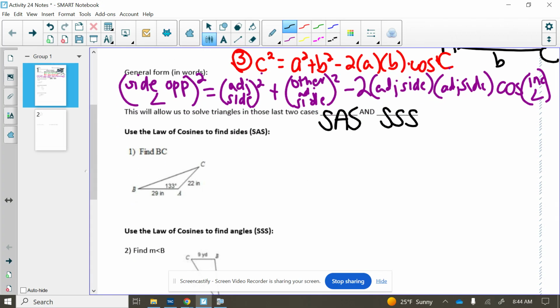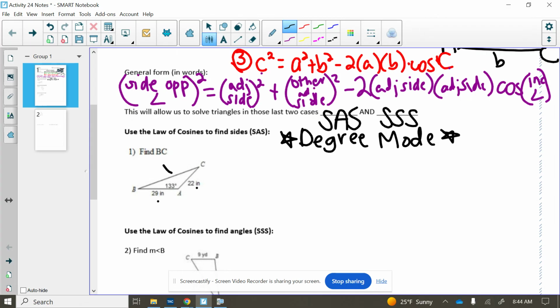So our first example is going to be an example of finding a side given side, angle in the middle, side. And you want to make sure that your calculator is in degrees mode for these, since notice in our triangles we are using degrees, for instance 133.